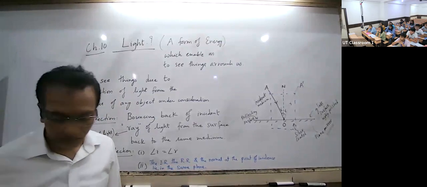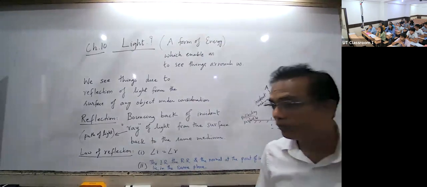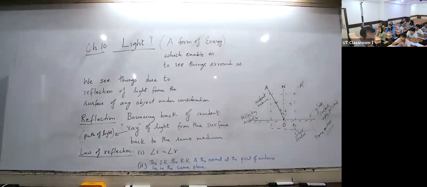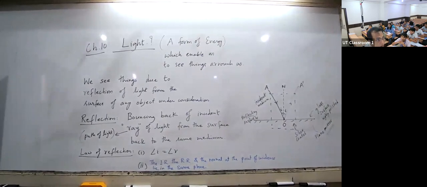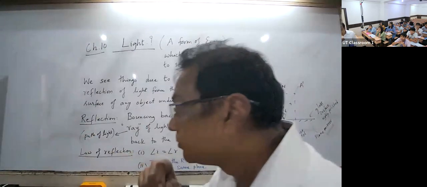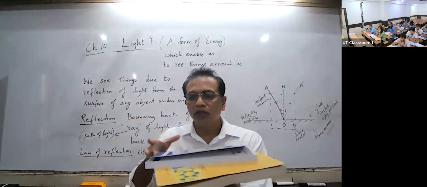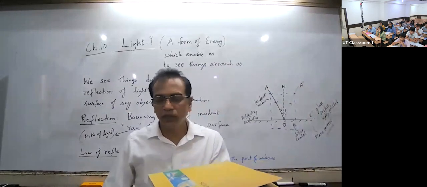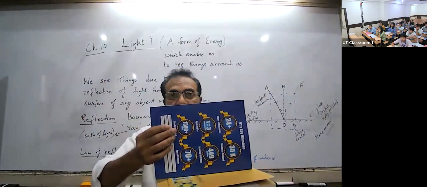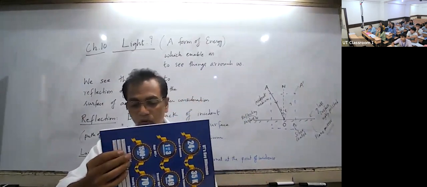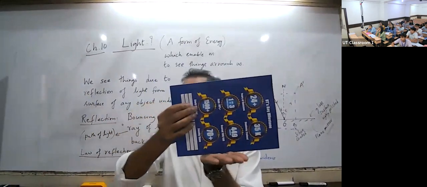Let me demonstrate. Okay. So is everybody able to see this? Now imagine this is your reflecting surface, okay? And this is one plane, right? So what it means is, imagine my hand is the reflecting surface.